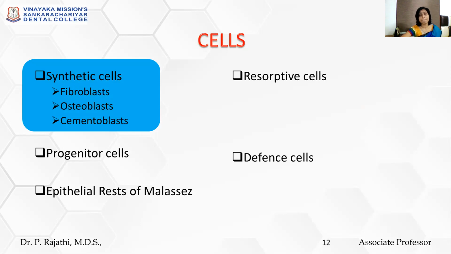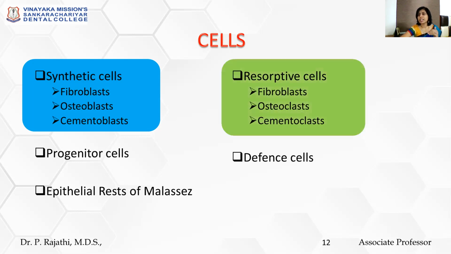Any cell name that ends with blast means that it is going to synthesize. Fibroblast, fibro meaning fibers, produces fibers. Osteoblast, osteo meaning bone, is going to produce bone. Cementoblast produces cement.